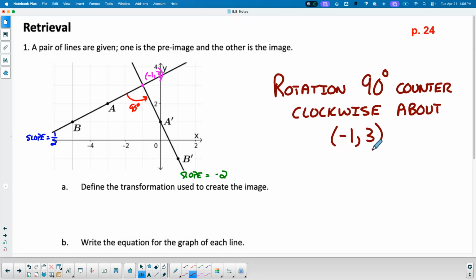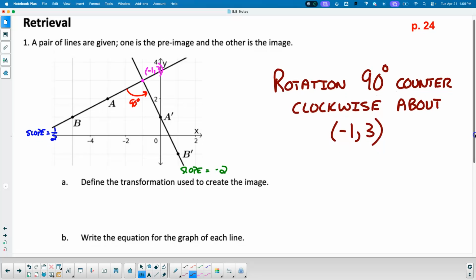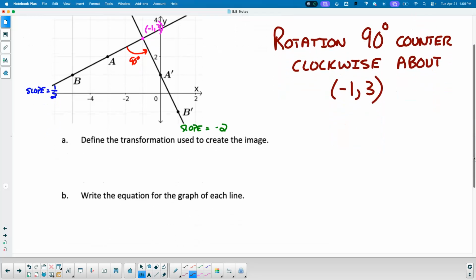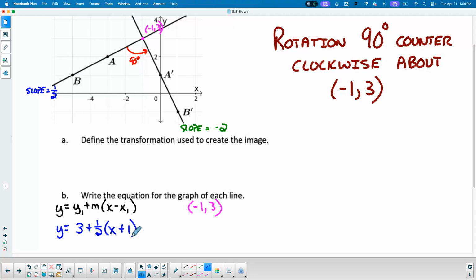Love it. Okay? Write an equation for the graph of each line. Okay, well, we went through the point -1, 3, right? So then my blue one would be y equals 3 plus 1/2 x minus -1, which would really be x plus 1.